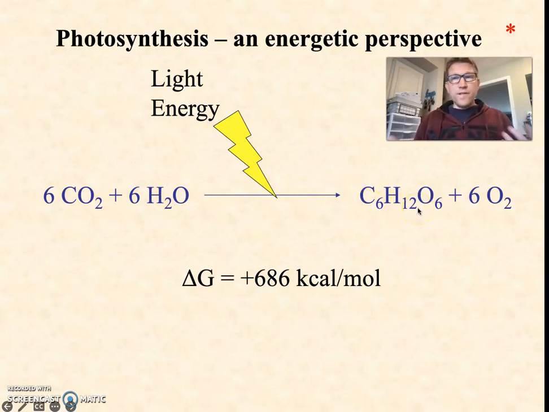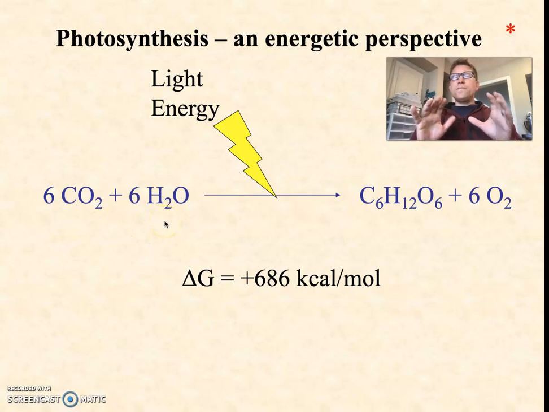That should sound familiar. That's glucose. And oxygen as a waste product, right? If you've learned cell respiration already, then you know that the reverse of this reaction is glucose and oxygen being broken down into CO2 and water. So it should make sense then that the energetics will be precisely opposite one another, right?